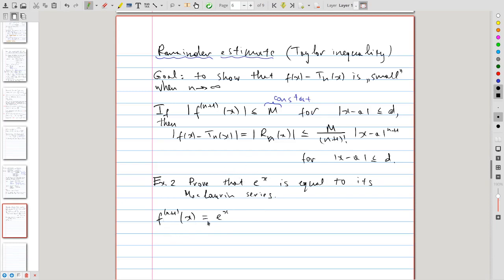So say we're looking at this function, then on the interval where the absolute value of x minus 0 is at most d, right? So this plays the role of x minus a at most d over here.